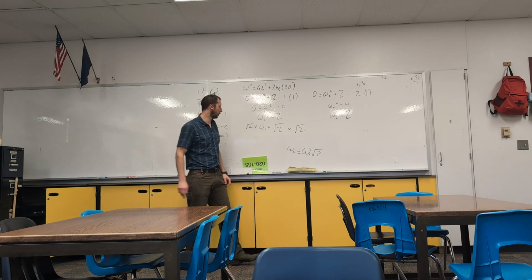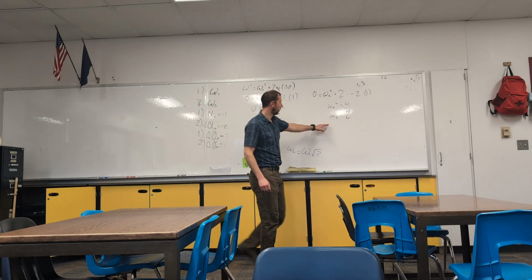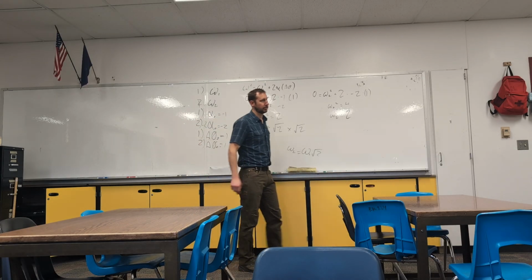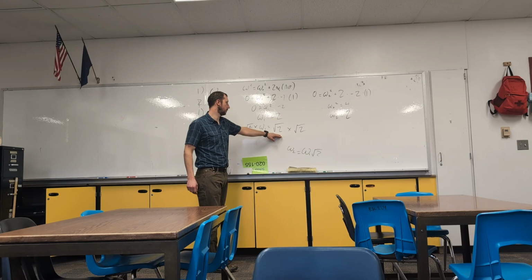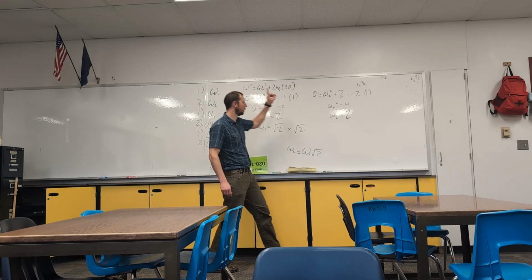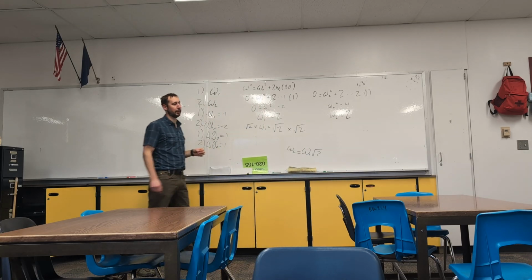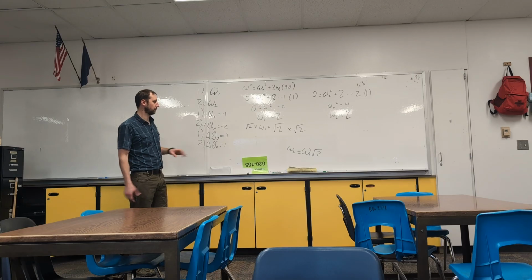And so that's how this proportional relationship was determined. Omega sub 1 equals square root of 2, omega sub 2 equals 2. The square root of 2 when multiplied by the square root of 2 is equal to 2. And since omega sub 1 is equal to the square root of 2, we must multiply it by the square root of 2 to get a value that is equivalent to omega sub 2.